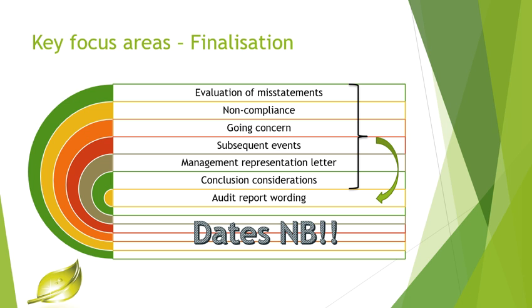Think of other matter paragraphs that may possibly need to be included when there's other information published together with the audited financial statements. And think of the possibility of material inconsistencies between these two, the audited financial statements and the other information. Depending on what there is, you may already have to include some sort of wording in your audit report.